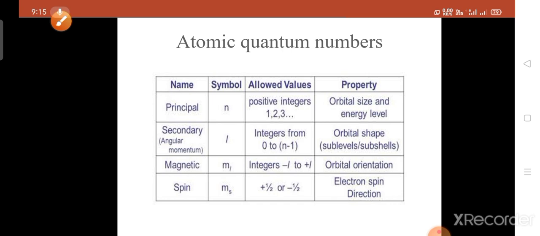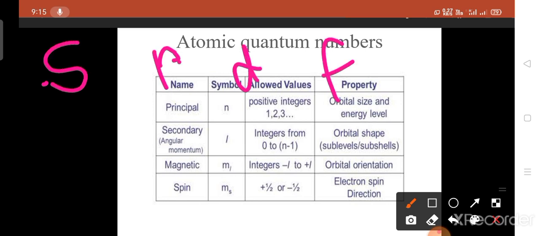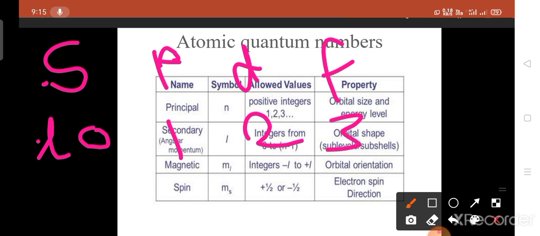This value of the azimuthal quantum number depends on the value of the principal quantum number. Suppose s, p, d, f: in these orbitals the value of l is 0, 1, 2, 3, because the formula to determine the l value is n minus 1.